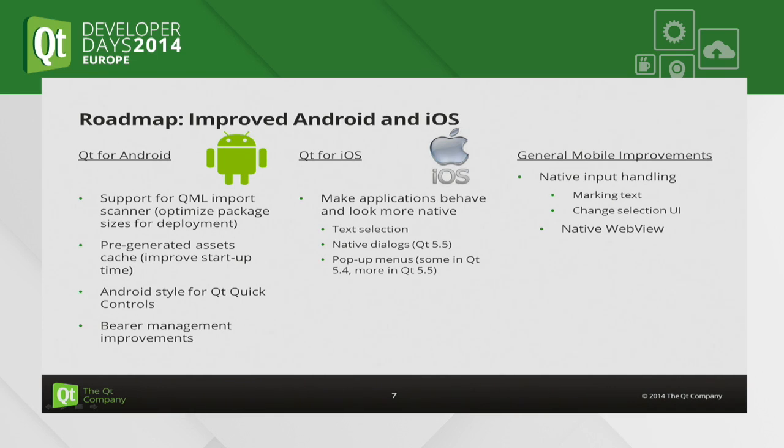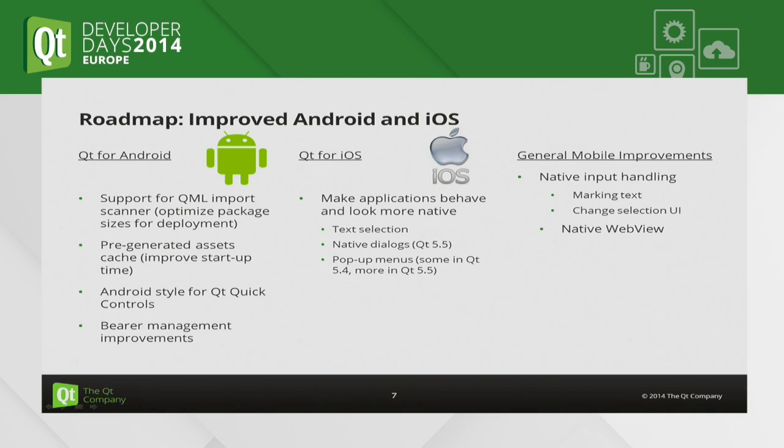But with Qt 5.4, we're going to have native look and feel for Android as well. And for 5.5, we are working on iOS. So, I mean, it's not guaranteed that it will make it to 5.5, but both of these projects are under works, and they should be there. However, it's been already 2 years, and people have been just fine with it.